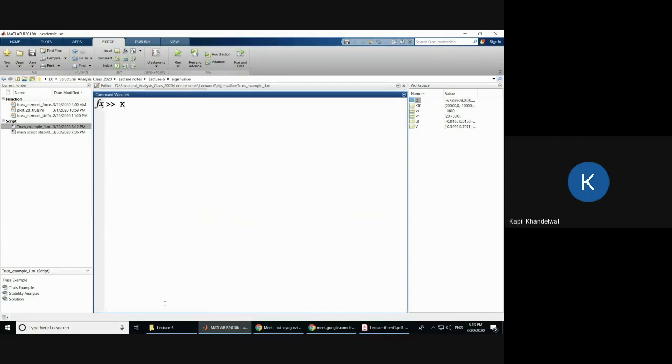Because the first column is an eigenvector, you can say KFF times V, I'm taking the first column, minus the first eigenvalue times V. So this calculation is KFF times the first eigenvector minus eigenvalue times eigenvector. This should be equal to 0 because that's what the meaning of eigenvalues and eigenvectors is.